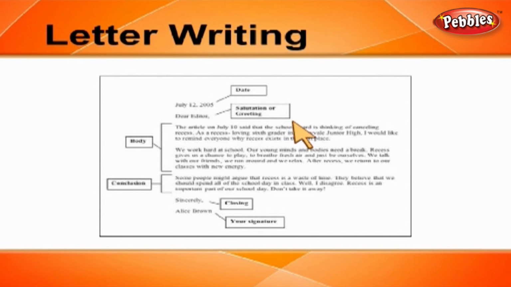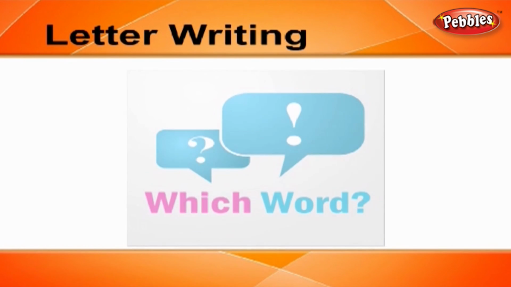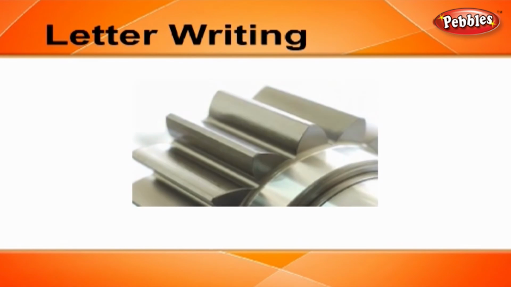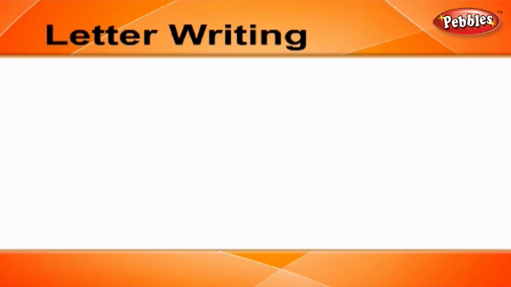So far, we have understood the parts of the letter. So now, what are the elements of a good letter? Here we go about it. For example, if you're addressing your letter to the Department of Human Resources or any other department, avoid using highly technical terms that only the professionals would understand, even if your letter is addressed to an engineering company or so.